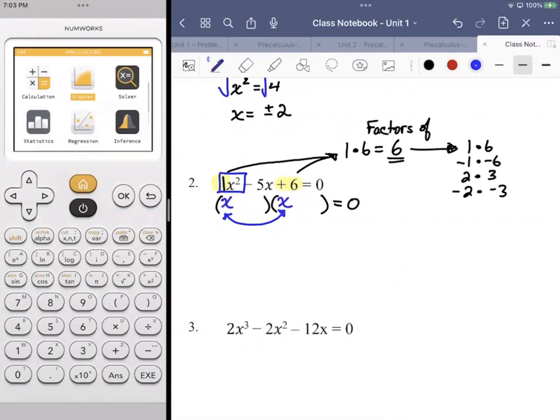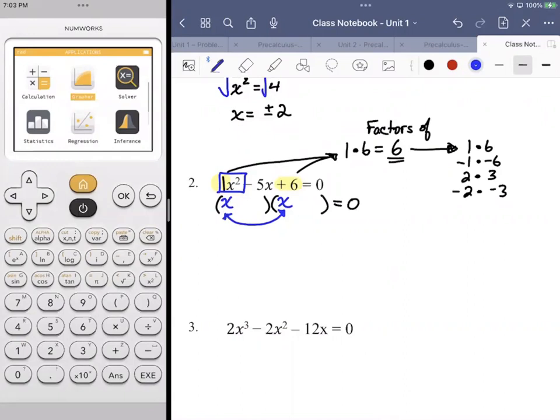We factor to reduce the power in an equation. So I have a power of 2. I don't want to have factors that are going to also involve a power of 2. That doesn't get us anywhere. So x and x would be the way to go. You wouldn't want to do something like 1 and x squared, because I didn't accomplish anything in terms of reduction of power.